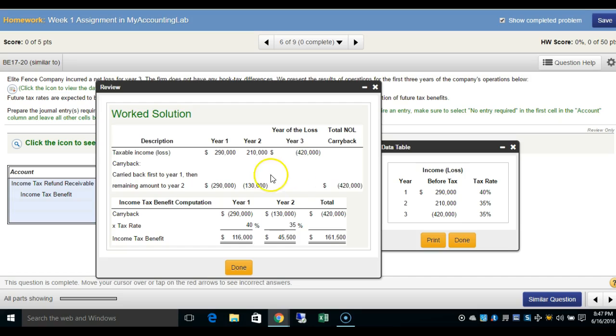All you have to do is use up all of the $420,000 loss going back 2 years. If you recall, in the chapter, you're only allowed to go back 2 years before you can carry forward.